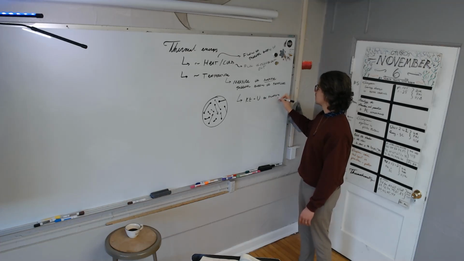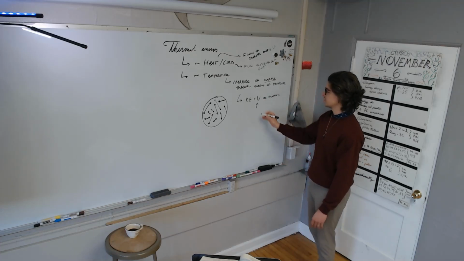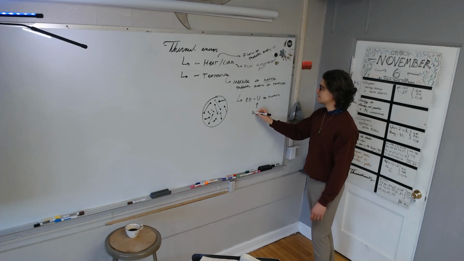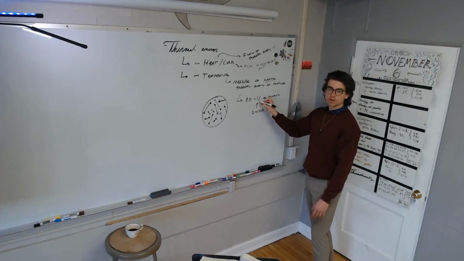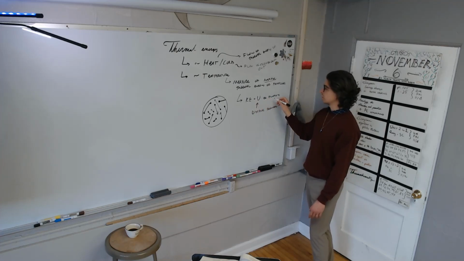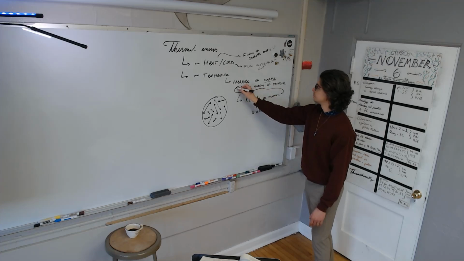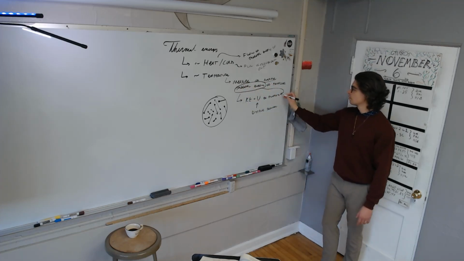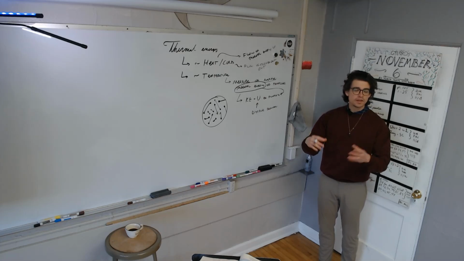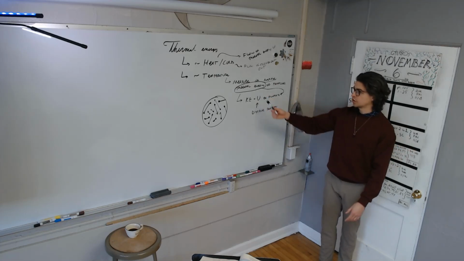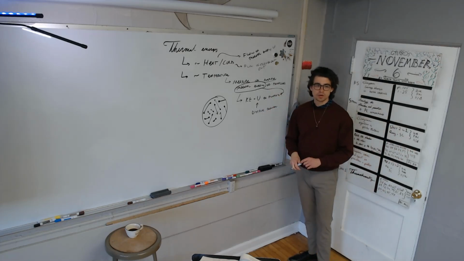And unlike before, it's not gravitational potential energy; this is how far the distance is between them. So the faster they move and the farther they are apart, the greater the thermal energy. Does that kind of make sense? The faster they move and the farther they are apart, the greater the thermal energy, and we measure that as temperature.